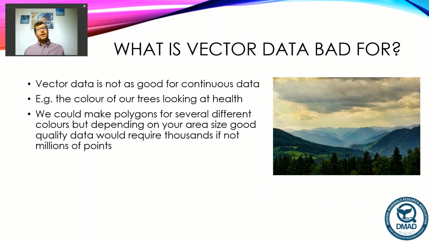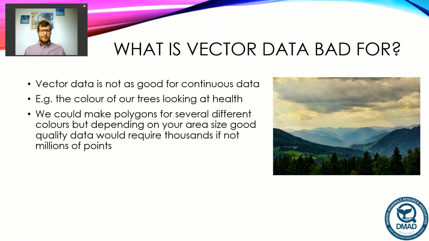So where is this vector data not as useful? Well, vector data is not as useful for what we call continuous data. And continuous data can be things like colours. The example I've got here is the colour of trees, which can be an indicator of tree health and general vegetation health.